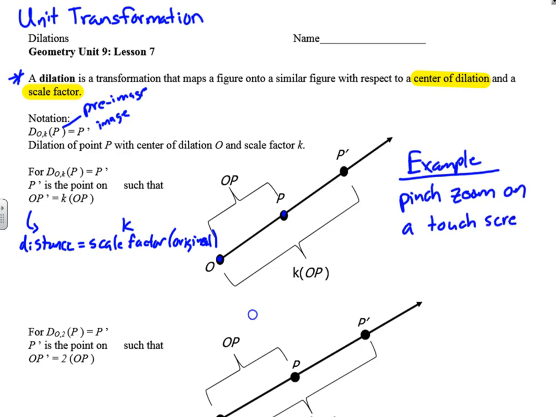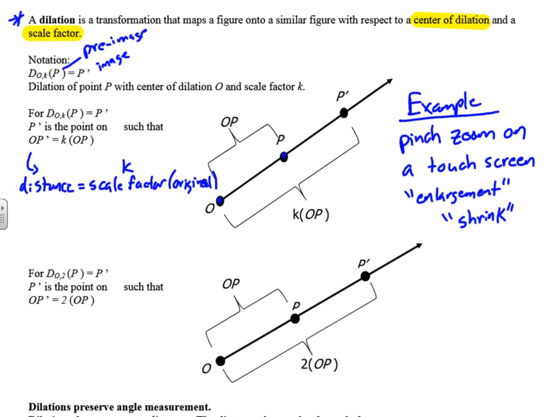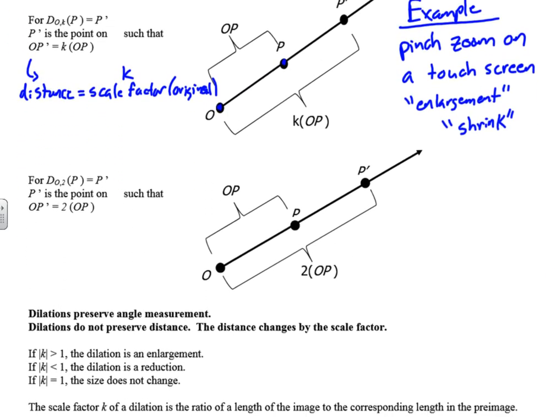We're going to enlarge or shrink an image, and that is a dilation. We're creating a similar figure, which means that the shape doesn't change.